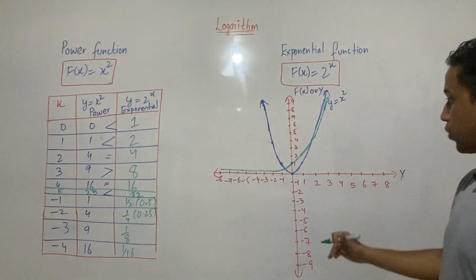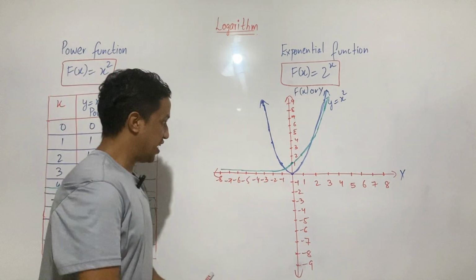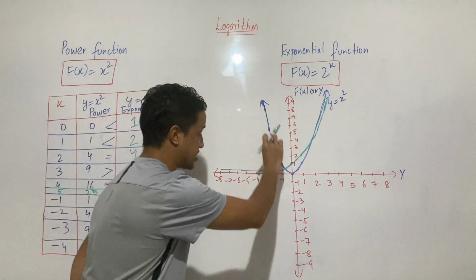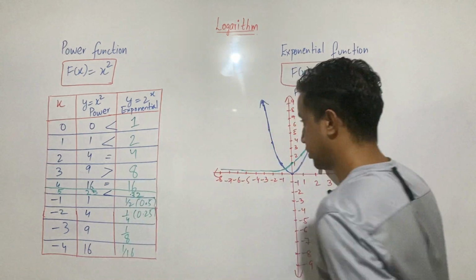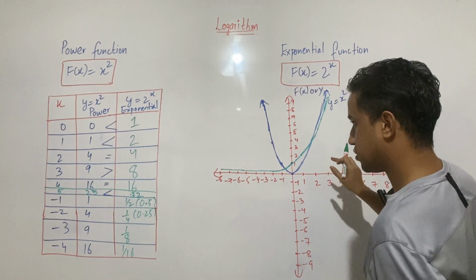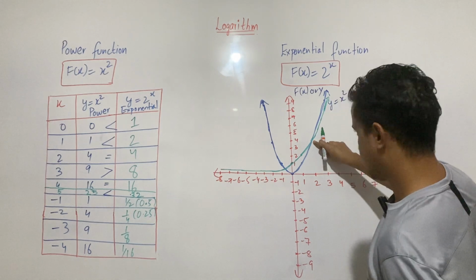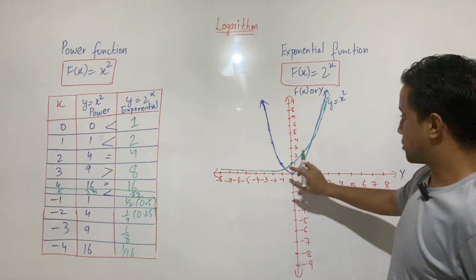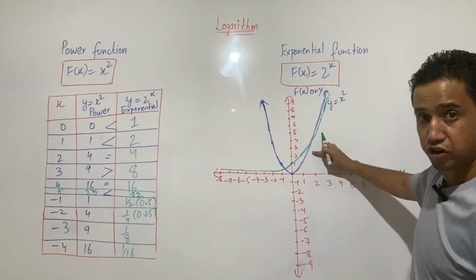Now if you look at it, you can see that at this point it has overtaken the power function, and from here up to the point x equals 4, this exponential function graph stays above your power function sketch.